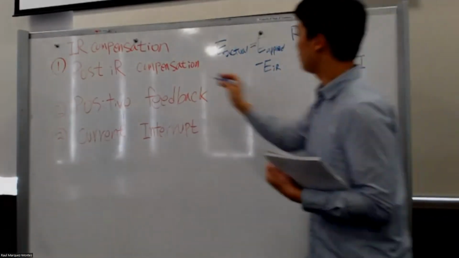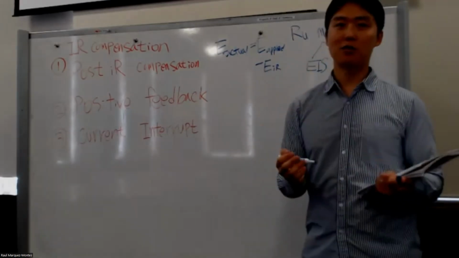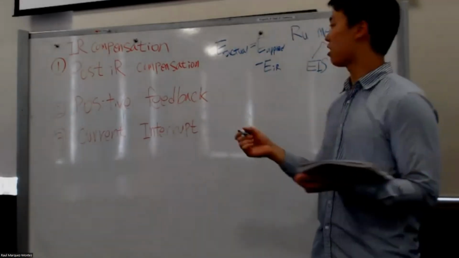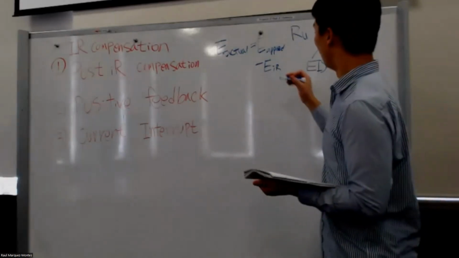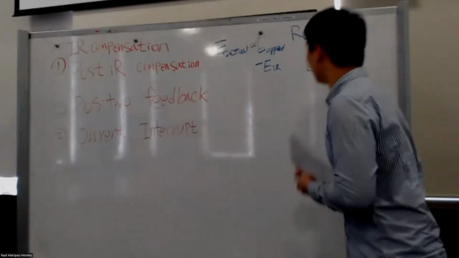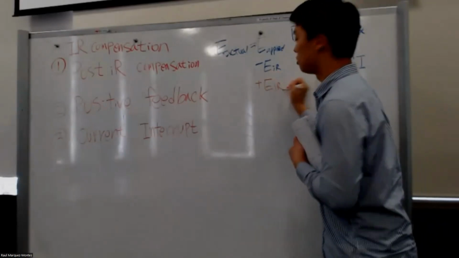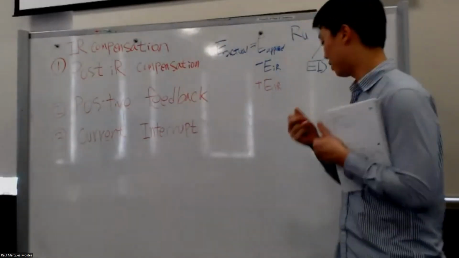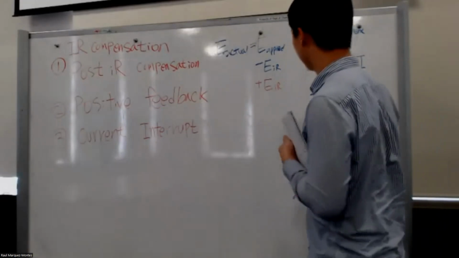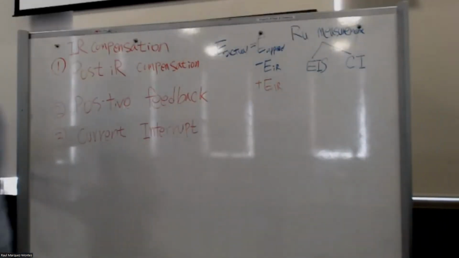So for the post-IR compensation, we just get any electrochemical data, CV, without any IR compensation. And then we do the post-IR correction manually, just add the additional potential. So what happens is, if you're, then we go jump here.